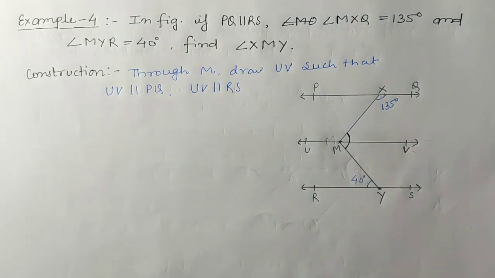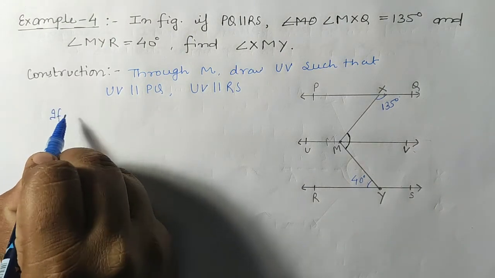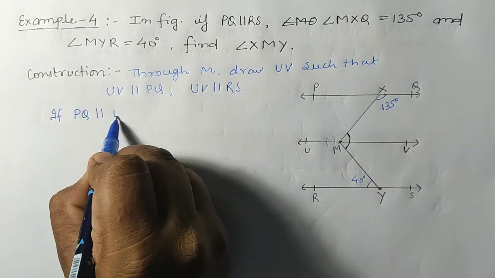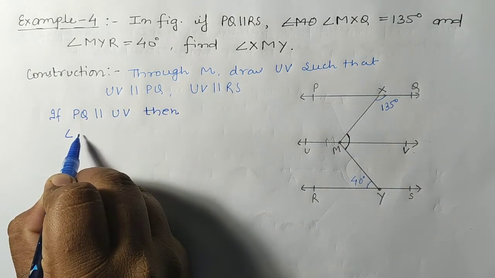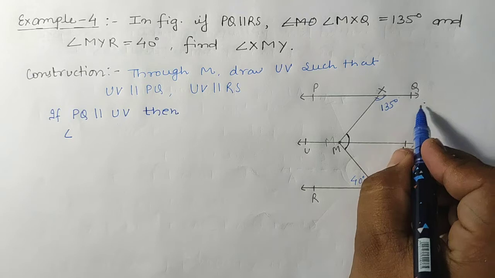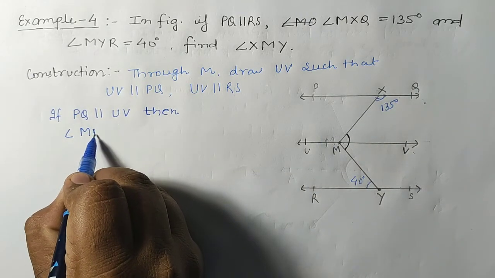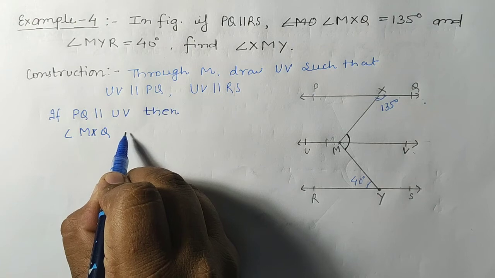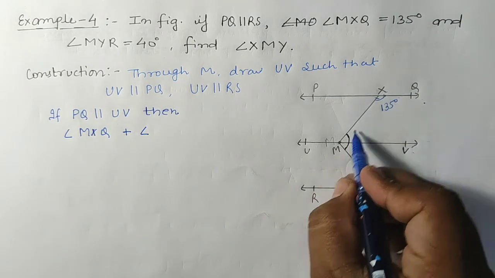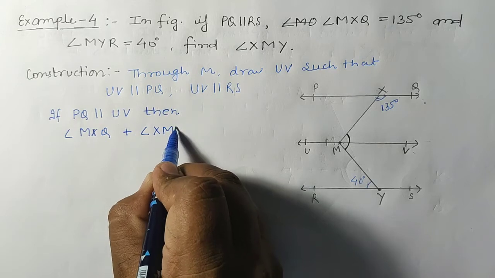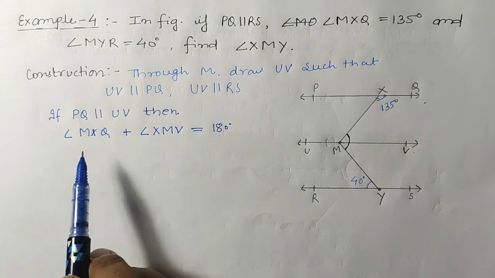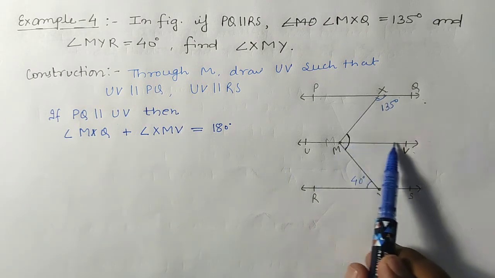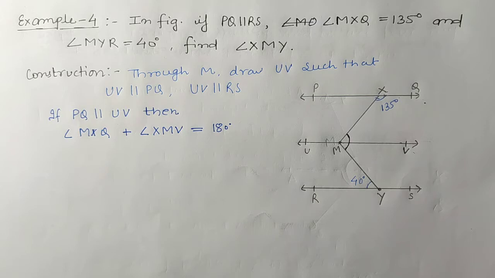Now students, see, if PQ is parallel to UV, then angle QXM, or you can say MXQ, plus angle XMV should be equal to 180 degrees.